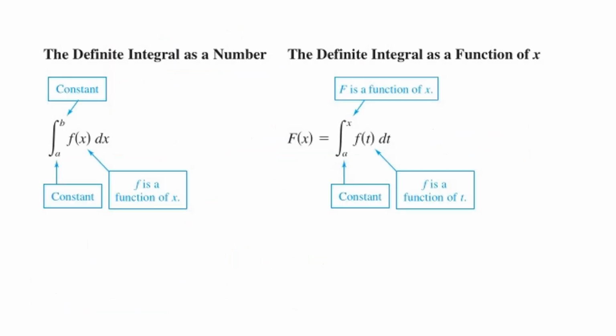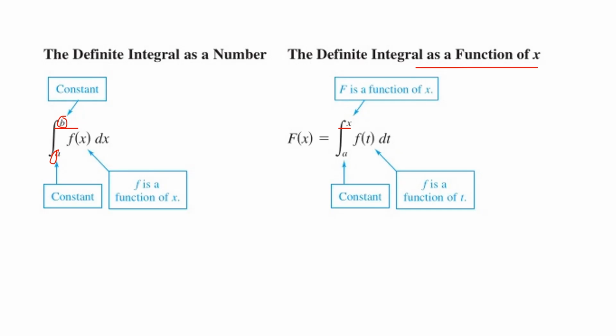We always had a and b, which are constants, as the limits of our integration. But now what if we change the upper limit, which is b, to be a variable x? Then we'll end up with a definite integral, which is a function of x. Why is that?